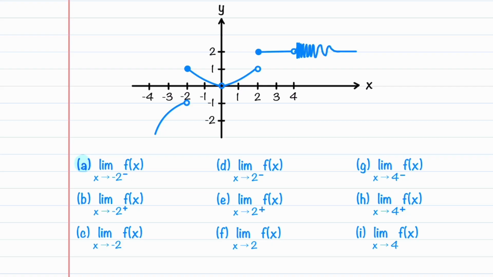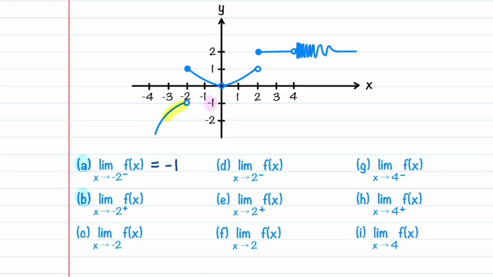If we look at our graph and find the point -2, we have to look at what happens to the function as we're to the left of -2 and going towards -2. You can see that our function is going to equal -1. So we say that our limit is equal to -1.